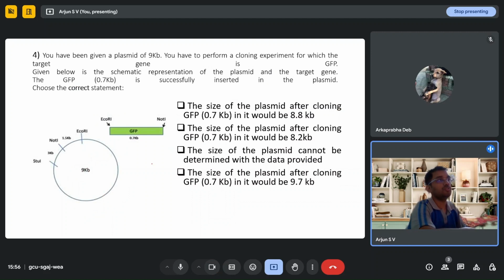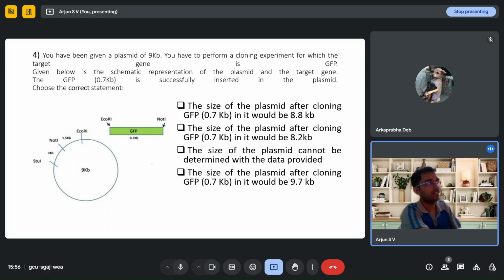So you have been given a plasmid of 9 kilobases. You have to perform a cloning experiment for which the target gene is GFP. So we have to clone GFP into the given plasmid. Given below is the schematic representation of the plasmid and the target gene.